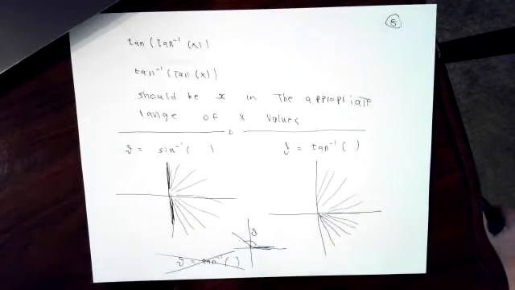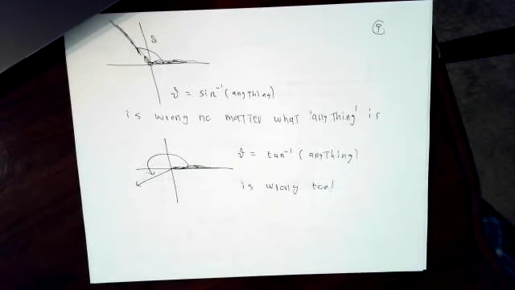Inverse sine, similarly. So if you have pictures like this, and somebody says that theta is inverse sine of something, or theta is inverse tan of something, if you understand about these inverse functions, you look at it and you say, that's not right, that's incorrect.